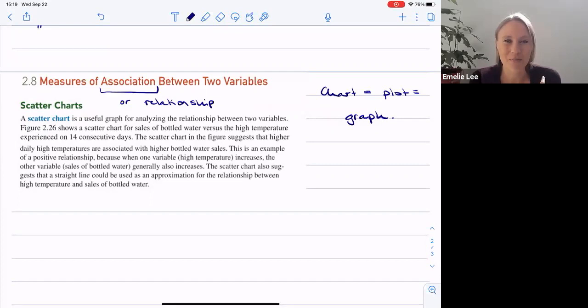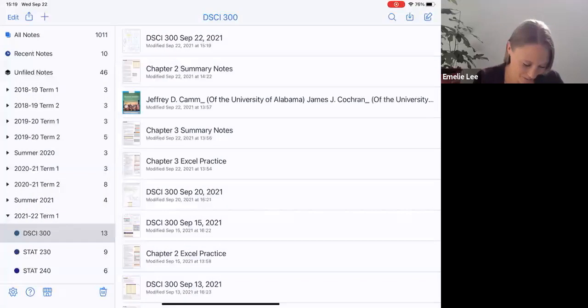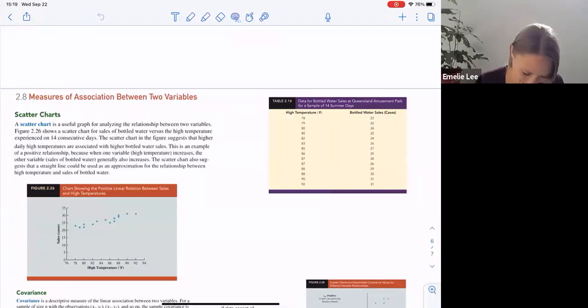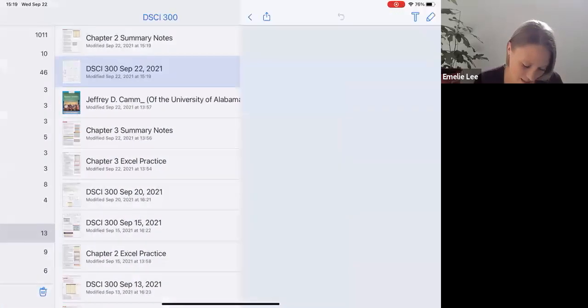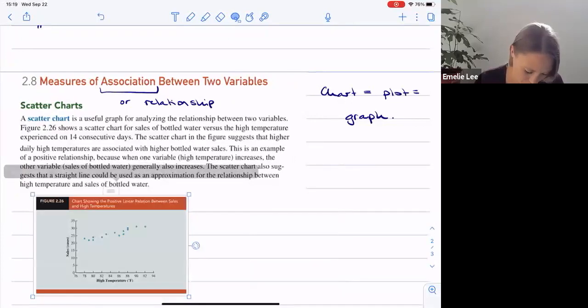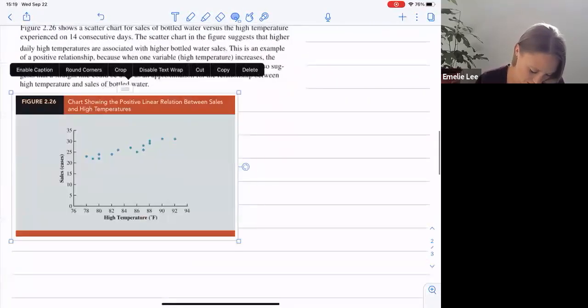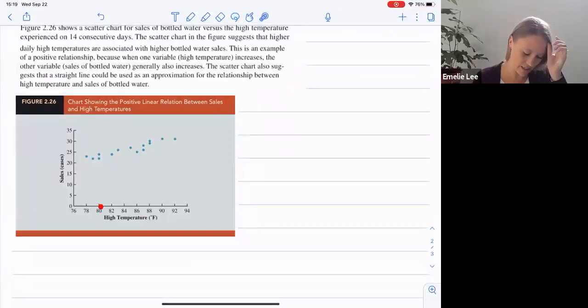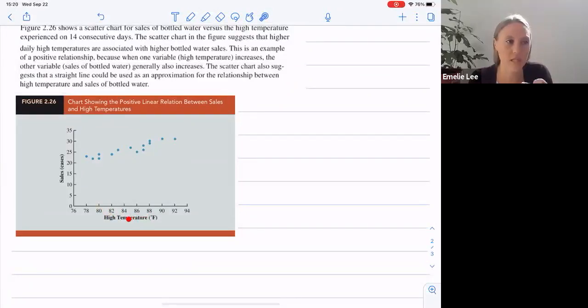There's also a really fun package in R that makes a scatter plot. A scatter plot looks like this. I'm assuming that you know what I mean when I say scatter plot, but maybe not. It maps the relationship between two variables, in this case the high temperature and the sales.